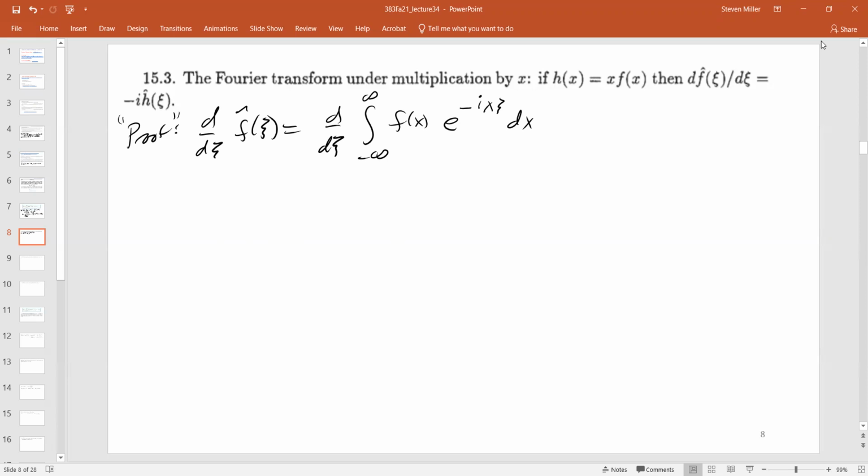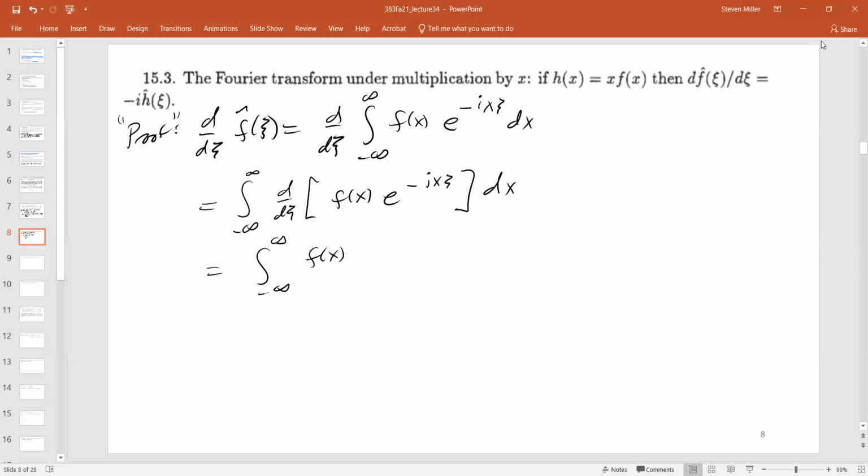And so that's now the same as the integral from minus infinity to infinity of d by dc of f of x e to the negative i x c dx. Well, f doesn't have any c dependence, so we get f of x times negative i x e to the minus i x c dx. We get minus i x.